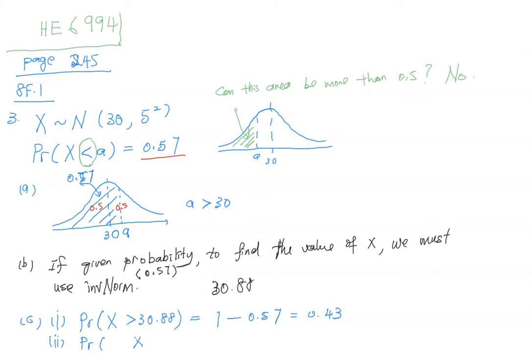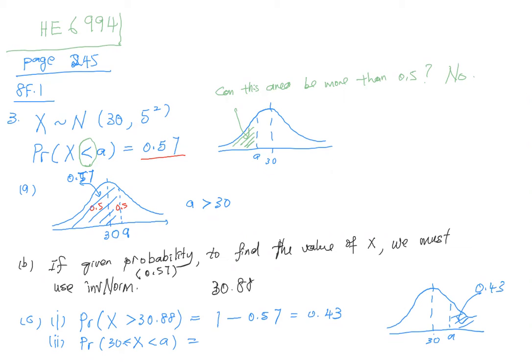So how about number 2? X between 30 and A. Look, here is your bell shape. Here is your 30. Here is the A. This area is 0.43.